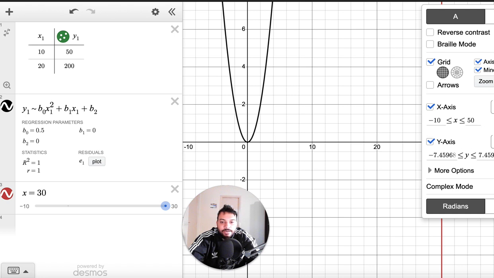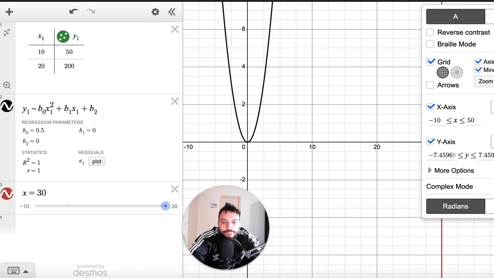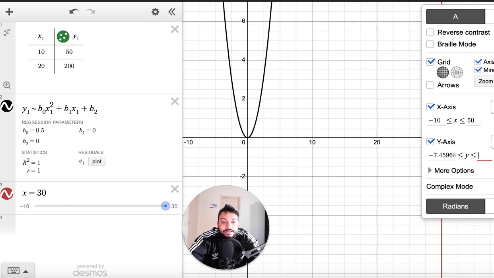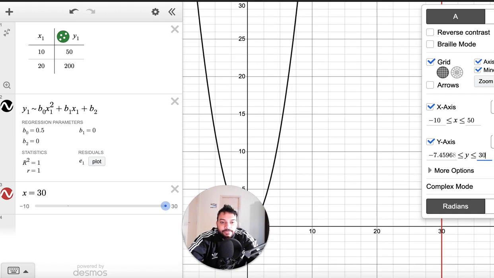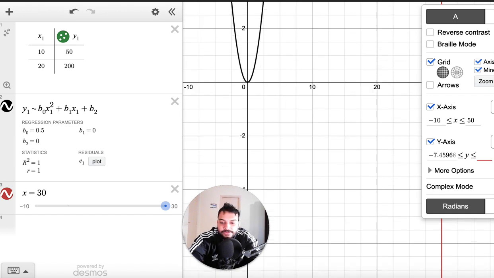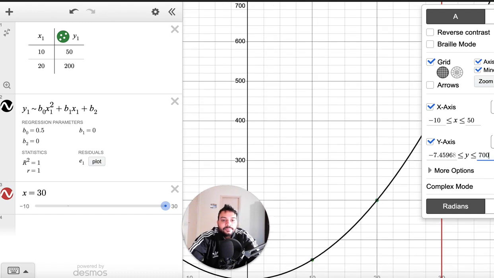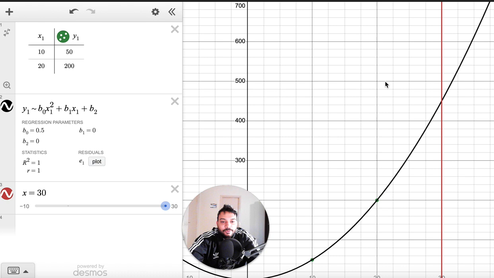And the step would be 10, yep, okay, we can take 10 as the step on the x-axis. Adjust the y-axis for 300 on the positive side. Okay, or maybe even higher. Let's do 700 on the positive side to be able to see the point of intersection.